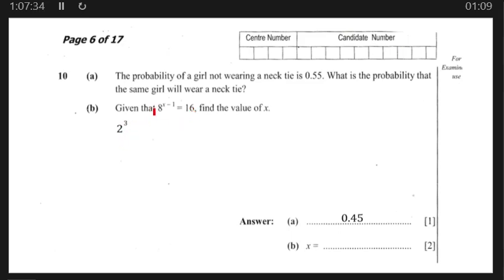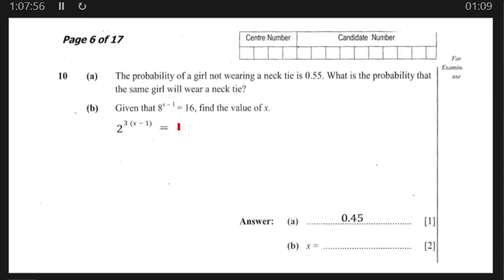So that's why we are saying 2 raised to the power 3 is 8. So this one now has become 8. Then this power will be brought here, open brackets, x minus 1, close brackets. So this 8 is 2 to power 3. So this 3 now is multiplied with this power.